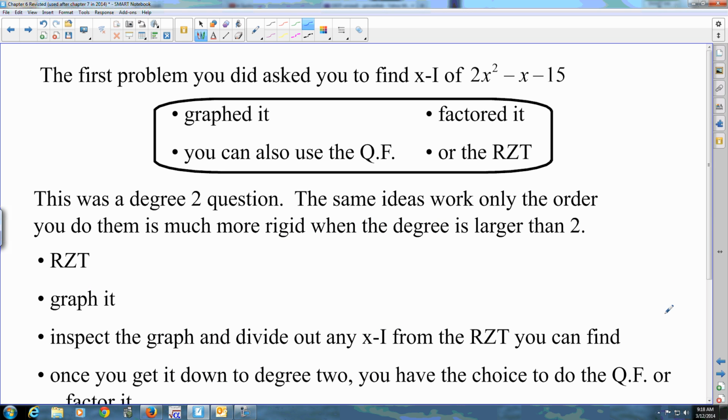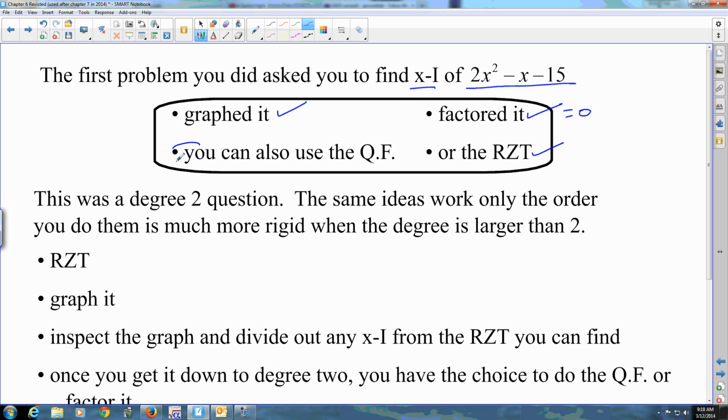Right? So going through what we just did on the very first problems, wrapping things up a little bit, to find the x-intercepts, given this, we started out by graphing it, and then we actually did the rational zero theorem to find it. We factored it and set those factors equal to 0 to find the zeros.